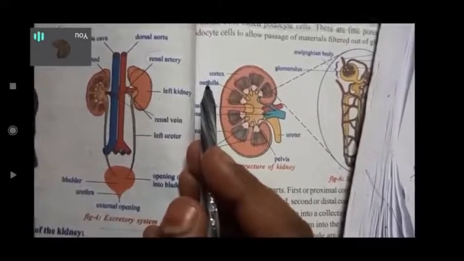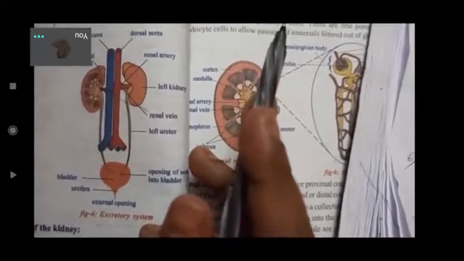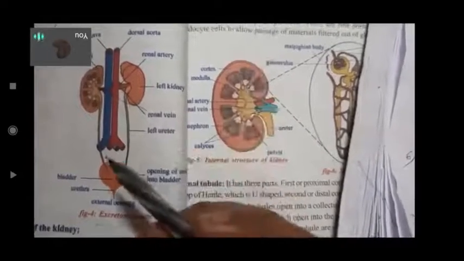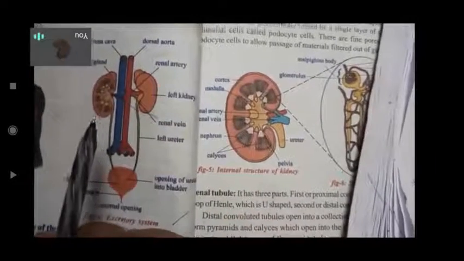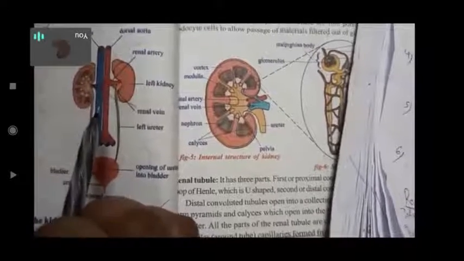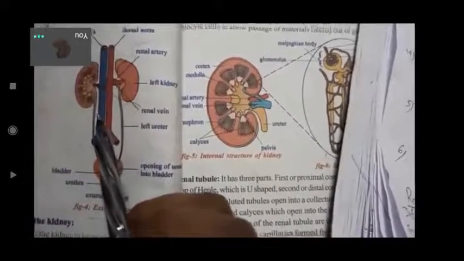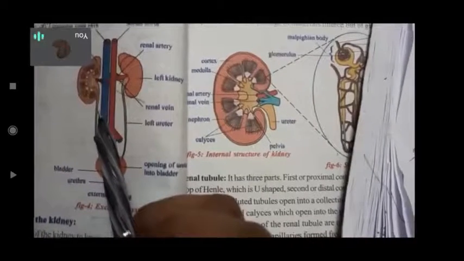Just understand and imagine: the aorta exists on the left side of the heart. Due to those positions, the right artery is longer than the left artery. Just understand, children, don't get confused. I am explaining clearly.